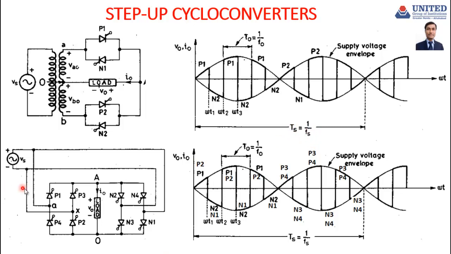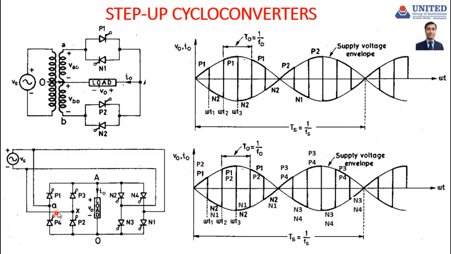Now let us see the case of the bridge type cycloconverter. Here we see that it consists of a total of 8 SCRs: P1, P2, P3, P4 and N1, N2, N3 and N4. There are 4 in the positive group, P1 to P4, and 4 in the negative group, N1 to N4.